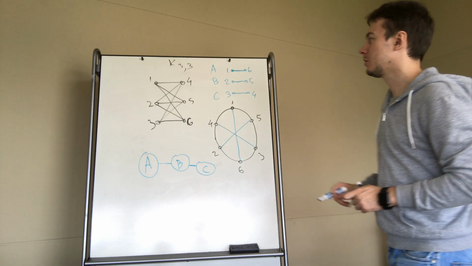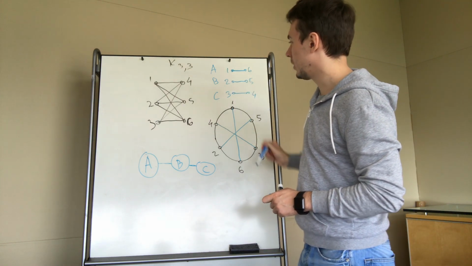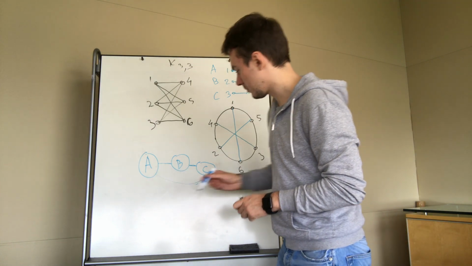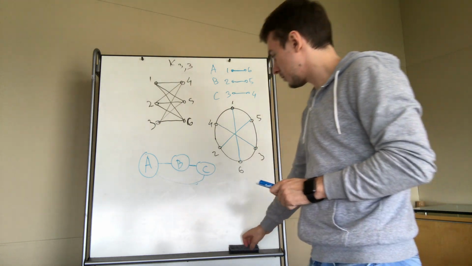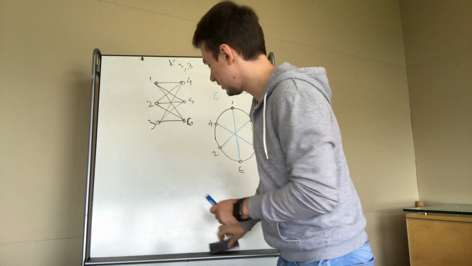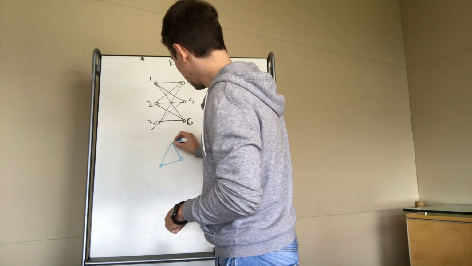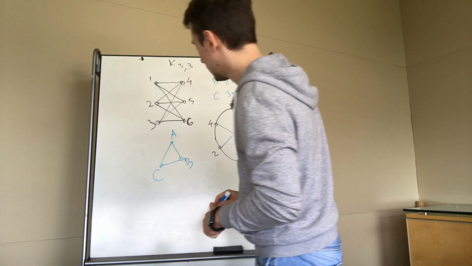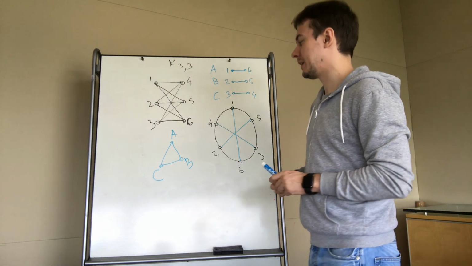And we cannot draw subgraphs A and C in one subsurface. So we have a new graph of subgraphs. Let me draw it to you like this. A, B, C.